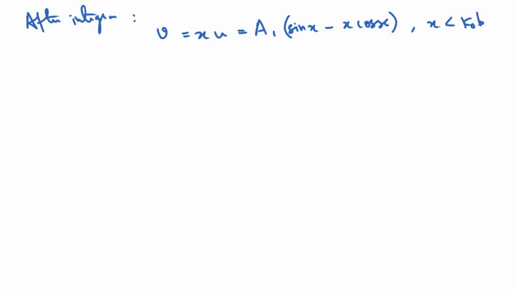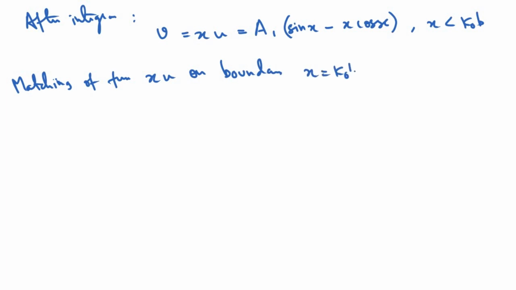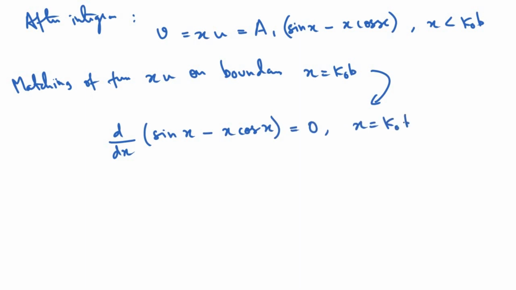Now, matching of the solutions. Matching of the function xu on the boundary x is equal to k0 into b will give us the continuity equation. Here x is equal to k0b.